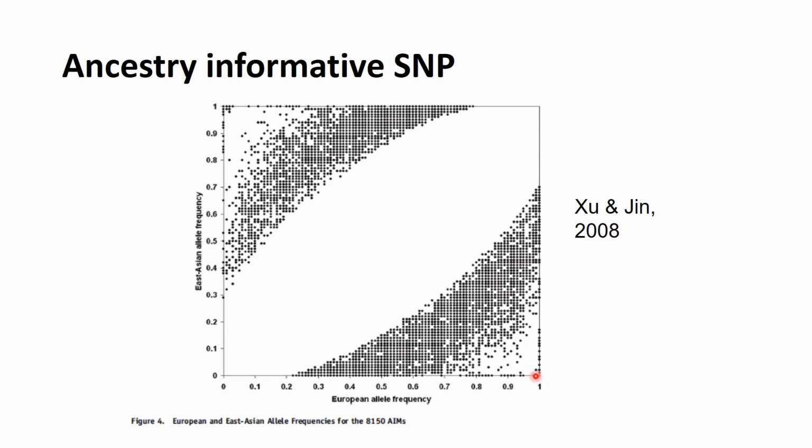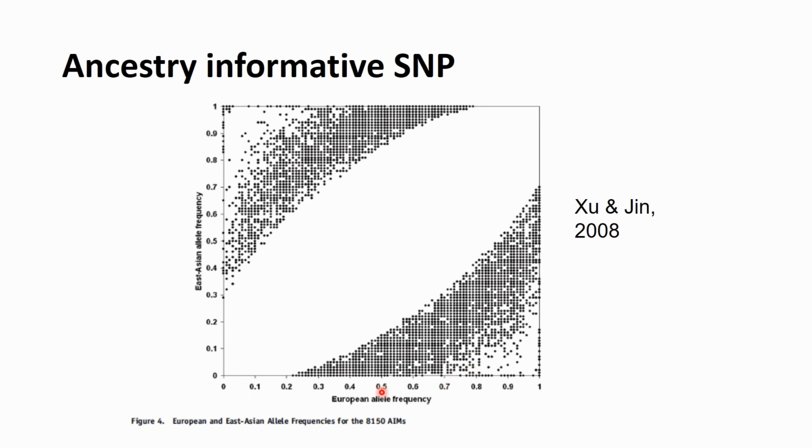On the other side, there are also SNPs that for certain genotypes are appearing really frequently, or basically they are fixed for European people, but they are basically non-occurring for people of East Asian ancestry.